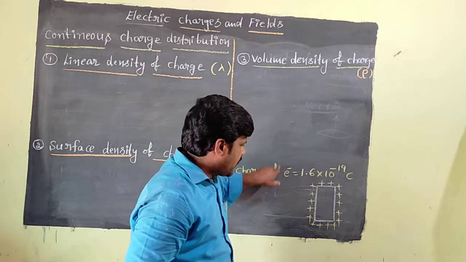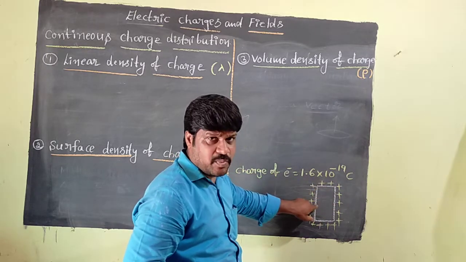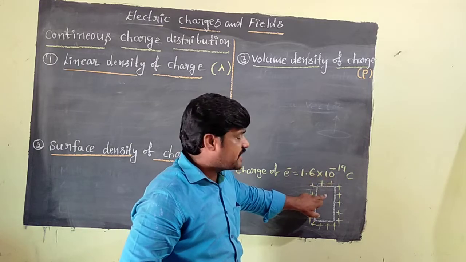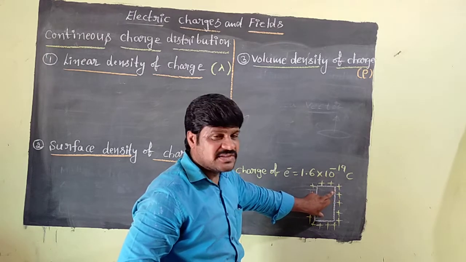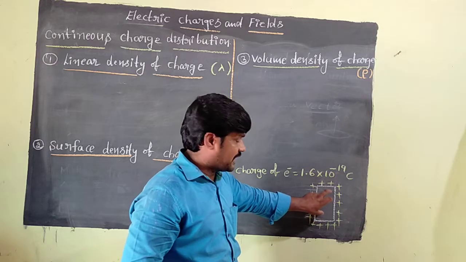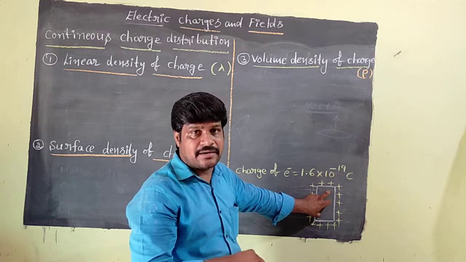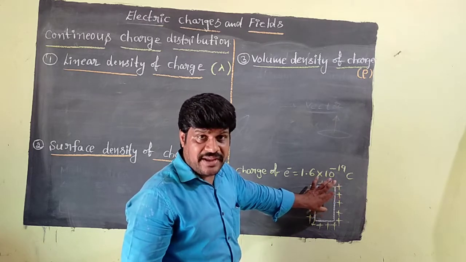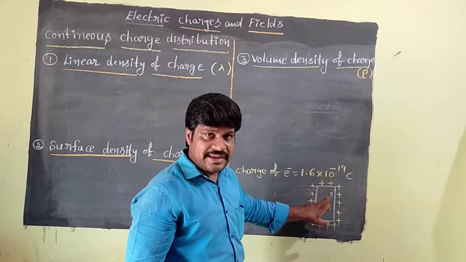That means, in this case, whatever charge is located on this body, this charge is continuous. The addition or removal of electrons from this body is completely ignored, because whatever effect exists from adding or removing electrons from this body, that effect is completely ignored.